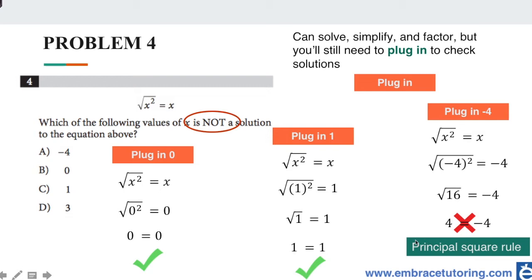Now, do you remember that on the SAT, they generally follow the principal square root rule, which means that when you have a radical of something, they're generally going to focus on the positive value, not necessarily the negative value, because in traditional math class, this could be plus or minus 4, but on the SAT, they generally follow the principal square root rule, which means that this would be a positive value, which means that A is actually my answer choice. And you're welcome to plug in 3 as well to double check, but you'll notice that 3 will be a possible solution. So A is definitely the best answer choice.